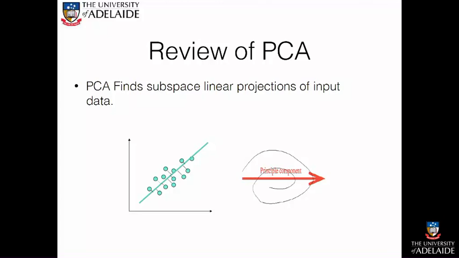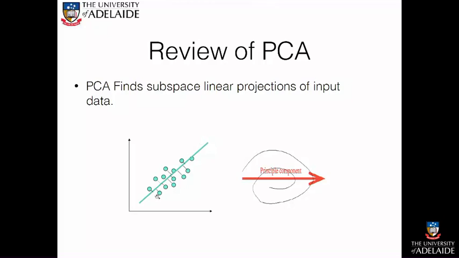It has the largest variance. Then we find another linear projection to project the original data to a second 1D space, which is orthogonal to the first one. And along the second one, again, we have the largest variance.